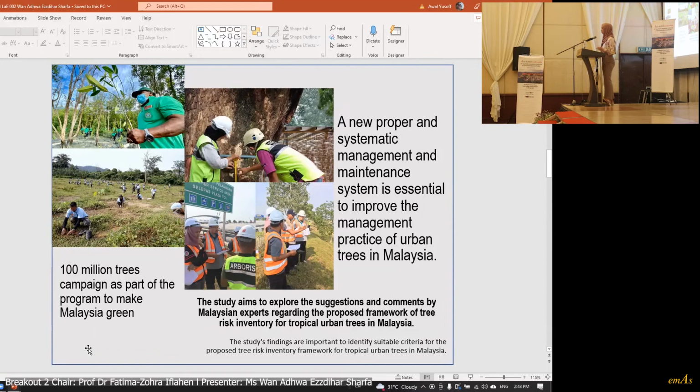However, a new, proper and systematic management and maintenance system is essential to improve our management practice of urban trees in Malaysia. So this study aims to explore the suggestions and comments by Malaysia experts regarding the proposed framework of tree risk inventory for tropical urban trees in Malaysia.